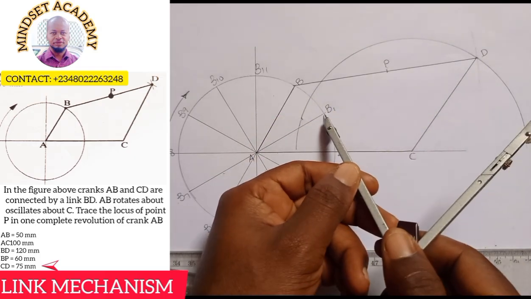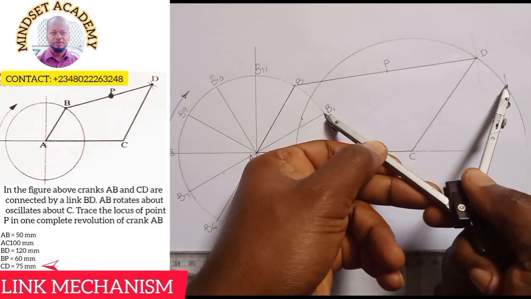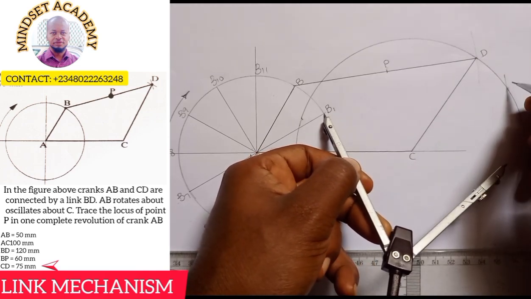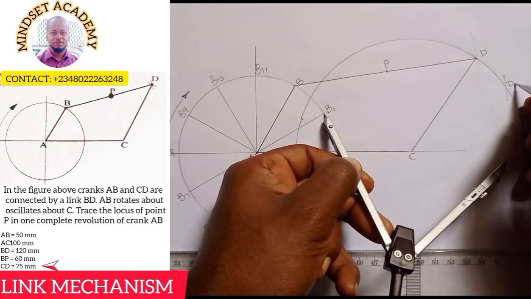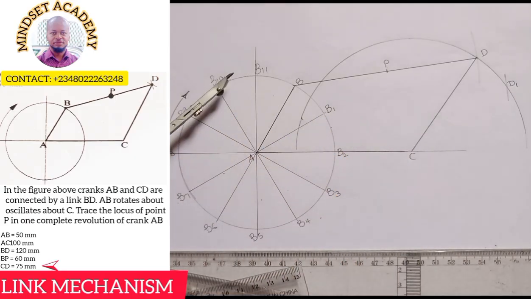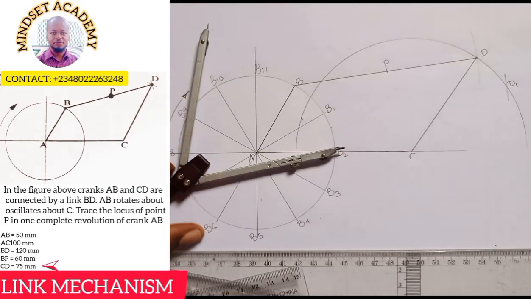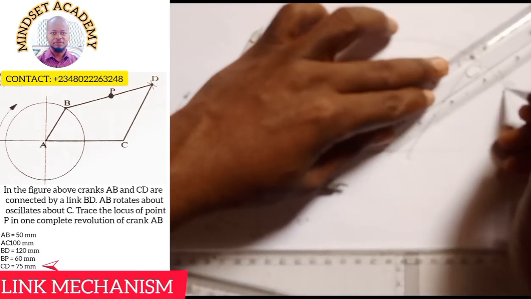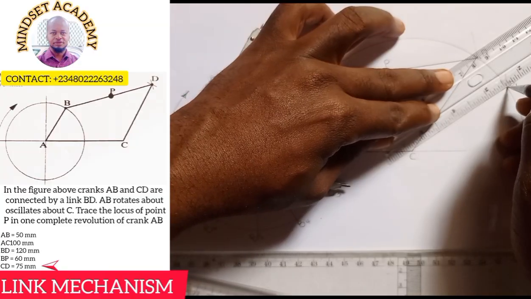I'll come to B1 and strike an arc. Where it cuts the horizontal, cut this arc, that will be my D1. Can you see that? Remember, this is 120 here. I'm not changing it. So I'll just join from C to D1, faint line.